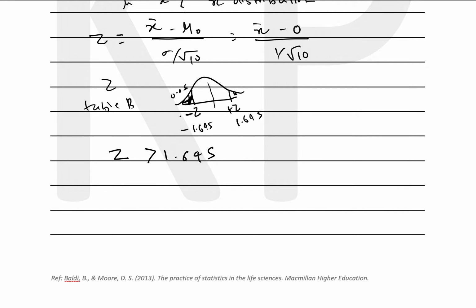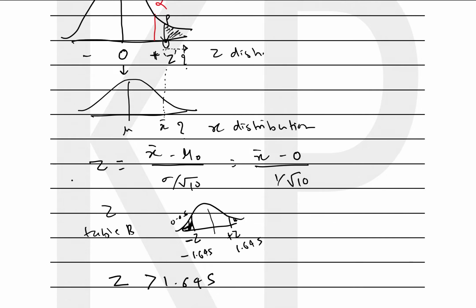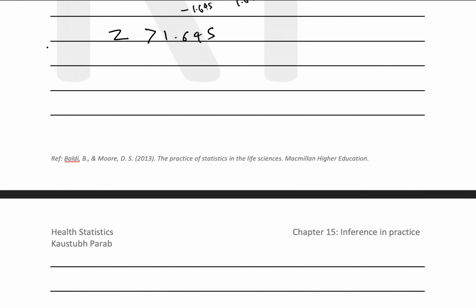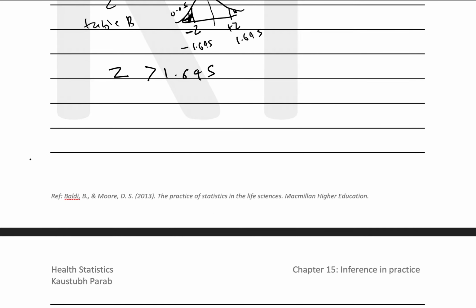So that's the first part. Now let's find the corresponding x value. So we are still in question A. We did the first part of calculating z. The second part of A is calculating the corresponding x value.